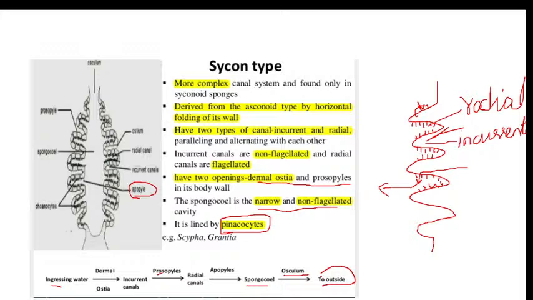Through the prosopiles the water reaches the radial canal. The radial canal has flagellated cells. Through the apopiles it reaches the spongocoel. Inside the radial canals there are flagellated cells, the choanocytes. Food particles are trapped, and the waste particles come back through the apopiles to the spongocoel. From the spongocoel, waste products and excess water are expelled out of the body. This is what is known as the sycanoid type.